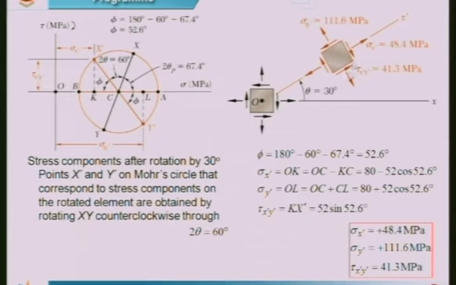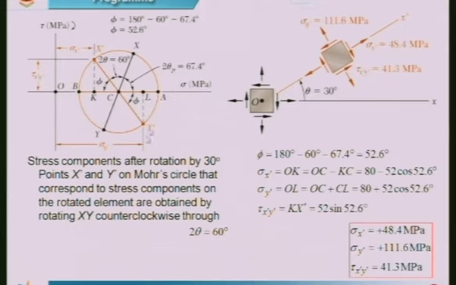The corresponding shearing stresses that are going to be acting, very simple. So, we measure this value, which is x dash K, and this is above the x axis in the positive y axis direction. So, that means this stress would produce a clockwise rotation. So, that is what is indicated here. This is nothing but tau x dash y dash, which is equal to 41.3, and it produces a clockwise movement.